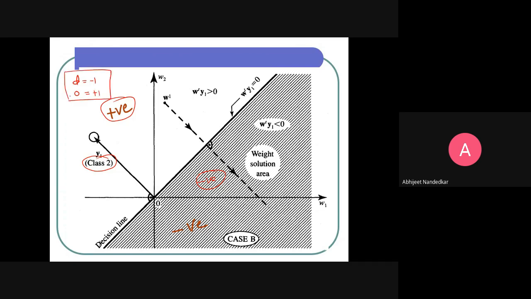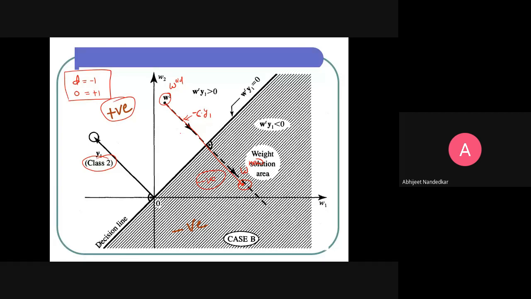If this is the case, then you need to subtract from the current position. So this will be W1. You will be subtracting so that you will move to this side. So this will be W new. This is W old, and this component is C into Y1. So this is getting subtracted.